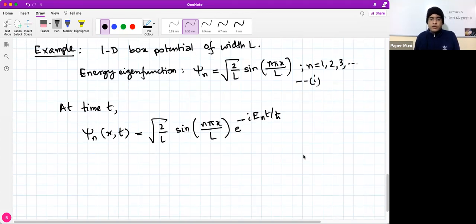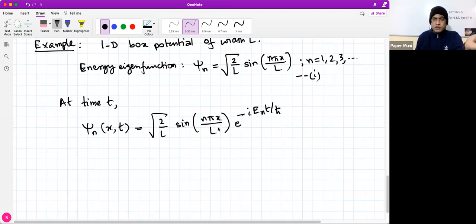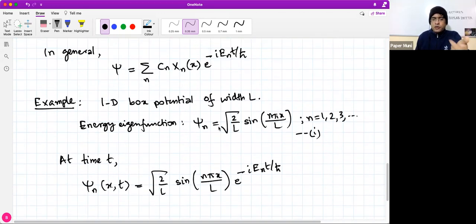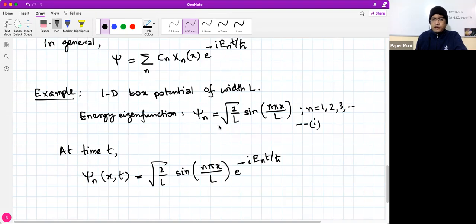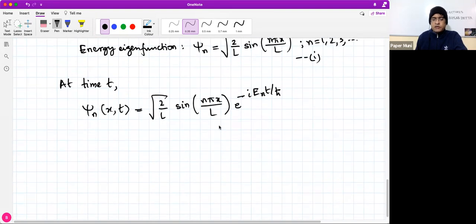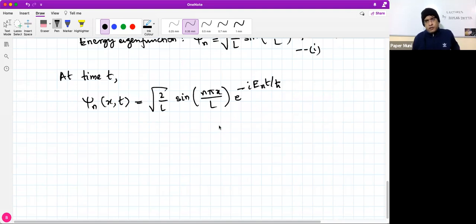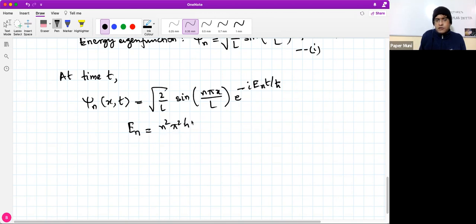We just combined the space part with the time part. So this is the complete wave function for the particle in a 1D potential. Now En is as usual what we had in the formula: n square pi square h cross square by 2 m L square.